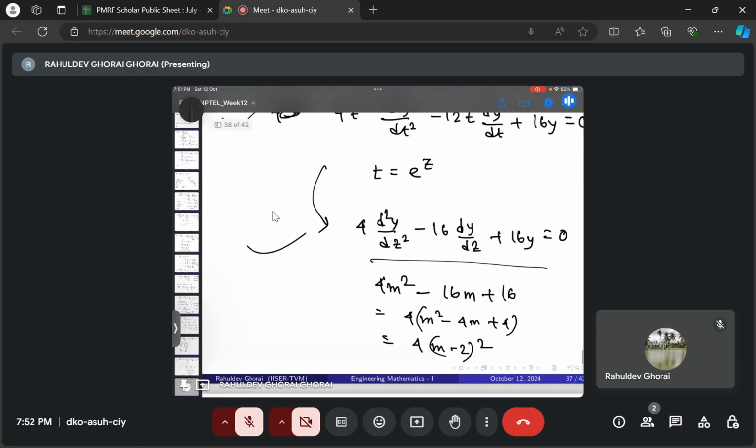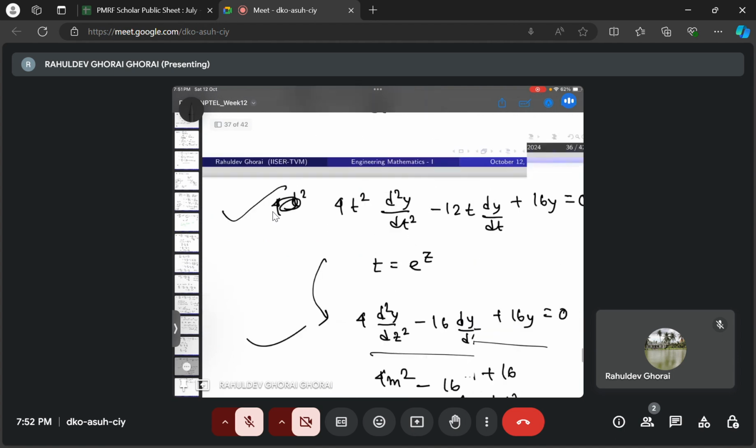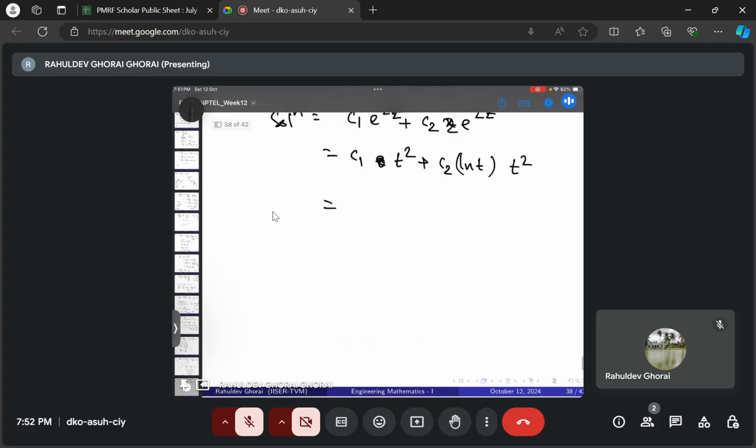Now still you don't get the solution. The solution will be in terms of x. So t is 1 plus 2x. So c1 times 1 plus 2x whole square plus c2 times 1 plus 2x whole square times ln of 1 plus 2x. So that will be the ultimate solution.